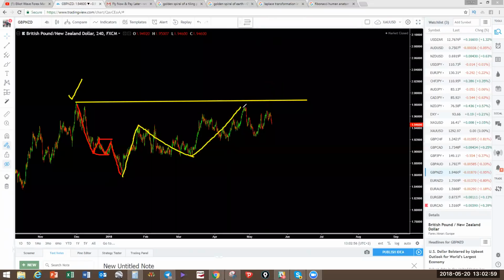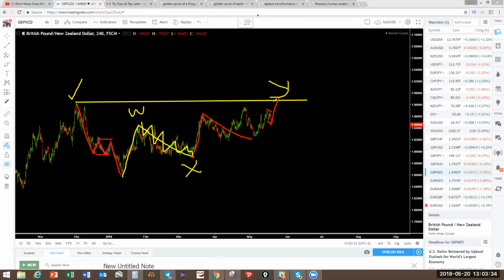And if this is the 3 here, it means you would have this one doing something like this, like that. So I'm actually wrong, sorry. Let's do it properly. Your 3-wave move will be something like this. 1, 2, 3. So this is your first move, and this is your corrective move here in the middle, which will be your X. So this will be your W, that will be your X, that will be your Y.